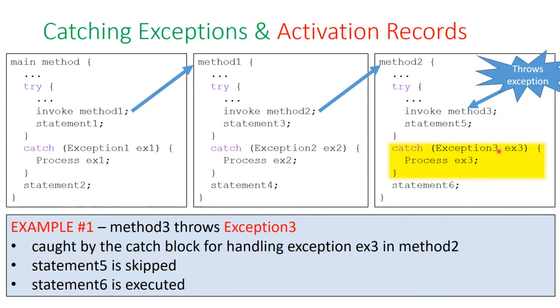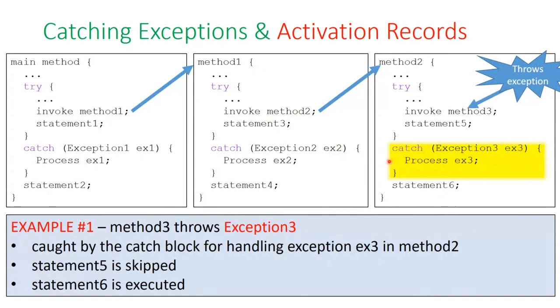The exception object that was thrown by method 3 is captured here by the reference variable x3. So x3 refers to the object that we created inside method 3 and that we threw back to whoever called us to say, hey, there's an exception happening.